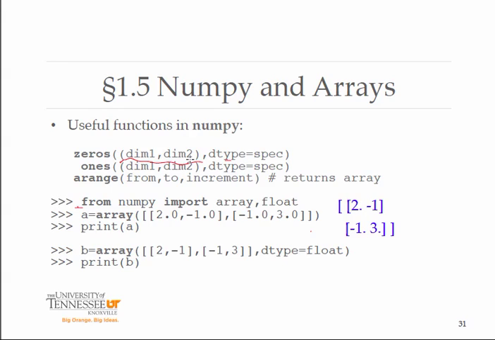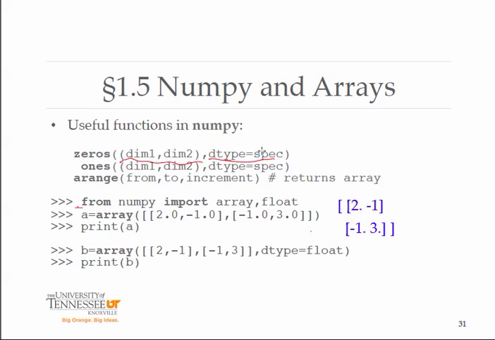If you recall, tuples are delineated by parentheses. And this tuple has two components to it, dim1 and dim2. You can think of that as the number of rows, dimension 1, and the number of columns, dimension 2. And then the second parameter is just a specification of the data type, integer, float, whatever. Most of the time you're using zeros and ones for floating point or integer arrays.